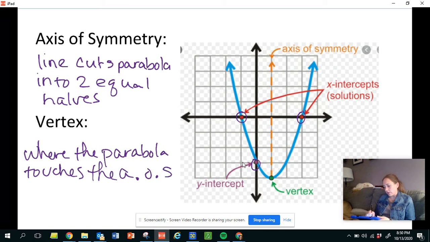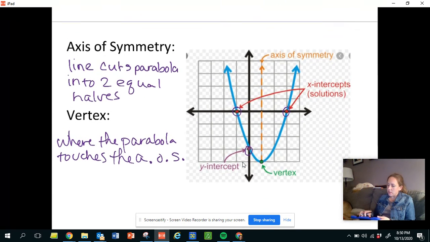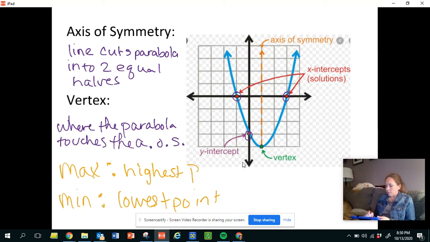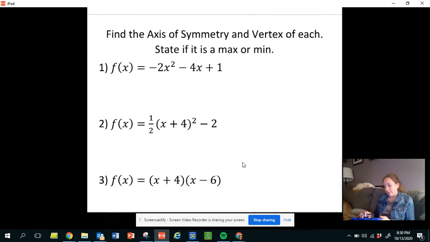All right, and the vertex is always either a maximum, which is the highest point, which we have talked about, or a minimum. It's always one or the other because parabolas are always the same shape. So it's either at the very top or at the very bottom, depending on which way the arrows are going. Okay. So the vertex is always the maximum or minimum, and it always touches the axis of symmetry.